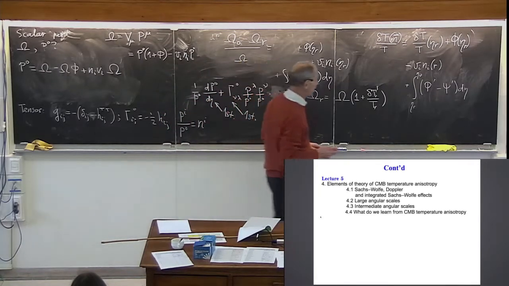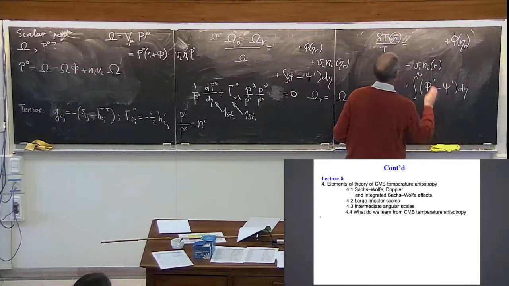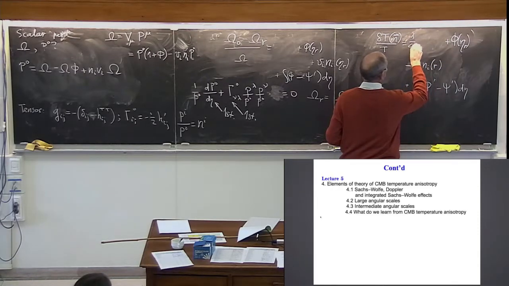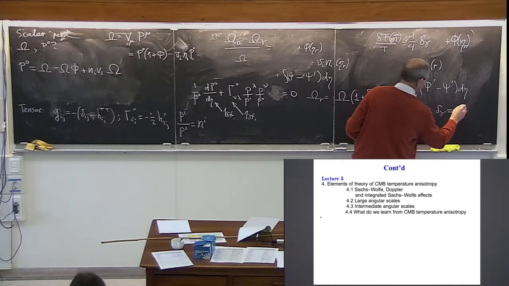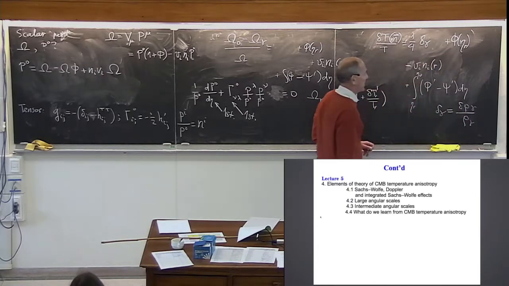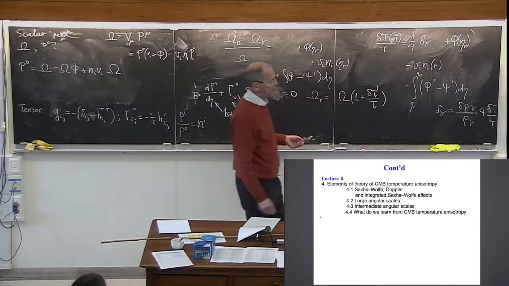Or let me rewrite this in slightly different form, which is the same thing, but 1/4 of delta gamma, where delta gamma is delta rho gamma over rho gamma, right? And this is 4 times delta T over T, since my rho gamma is T to the 4th.